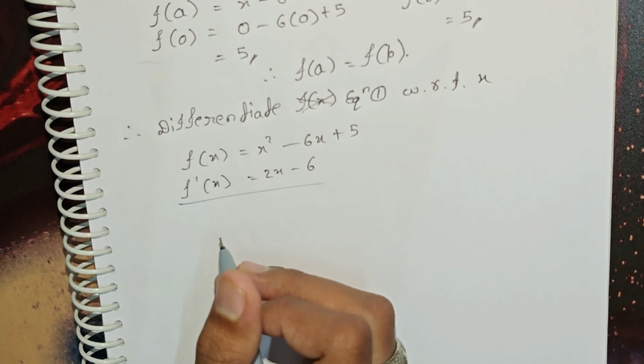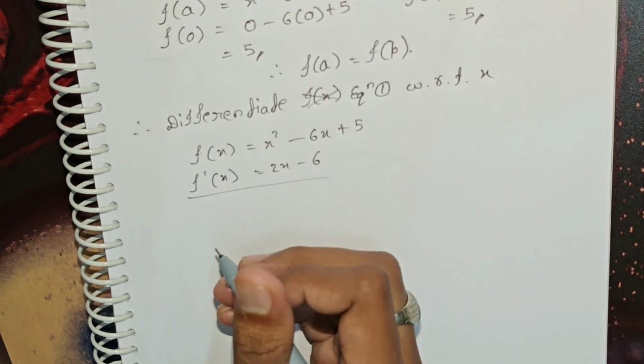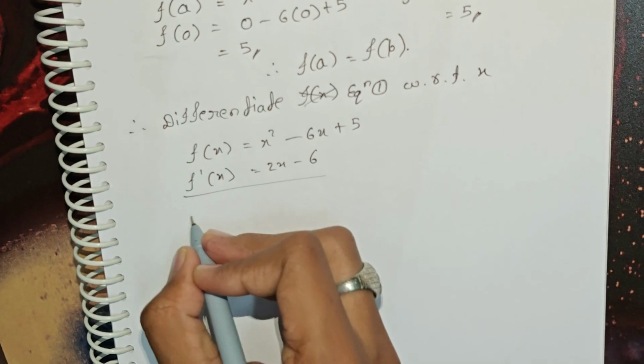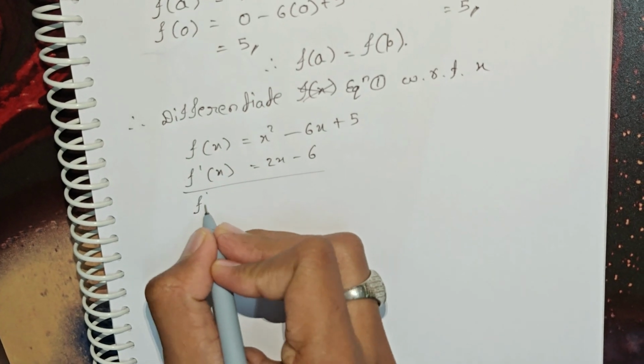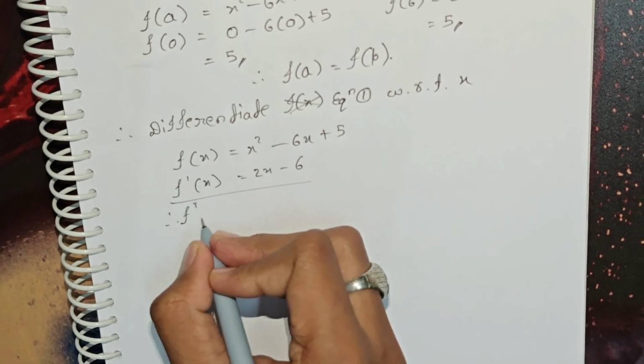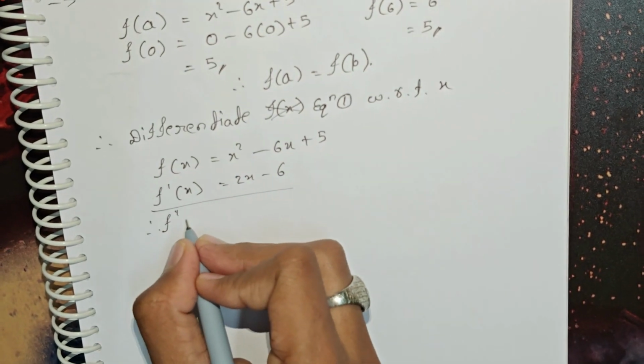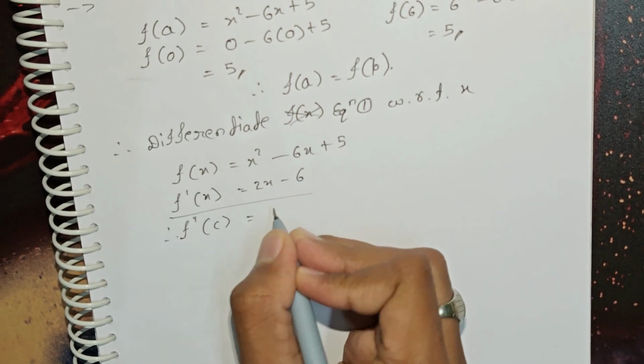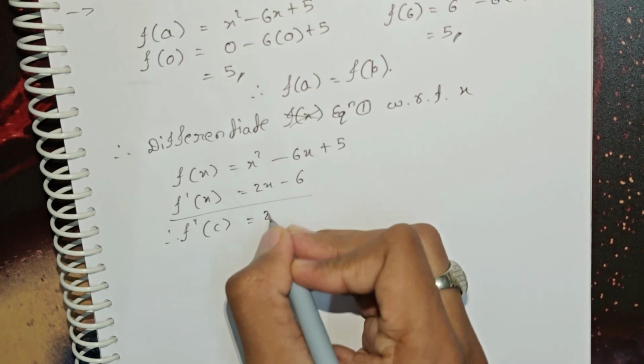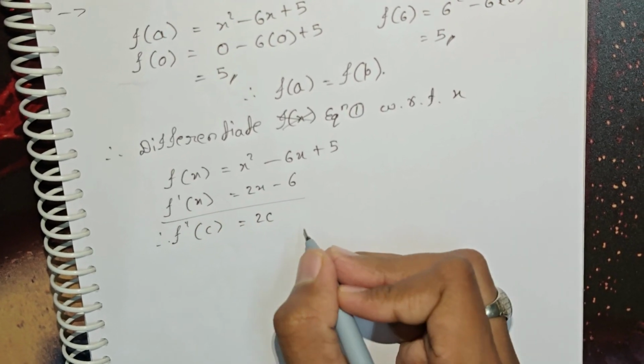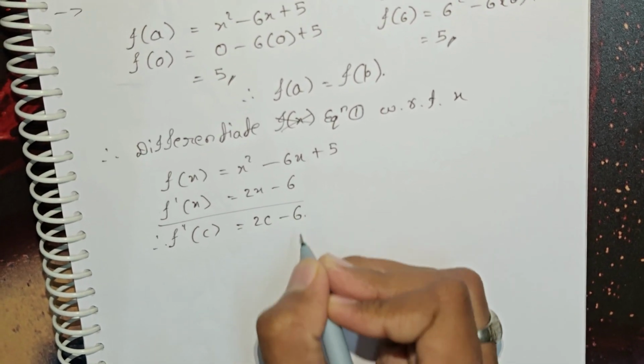As we already mentioned in the theorem, f dash of x becomes f dash of c, where we replace x with c in the function.